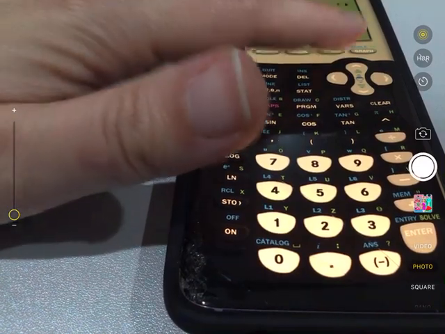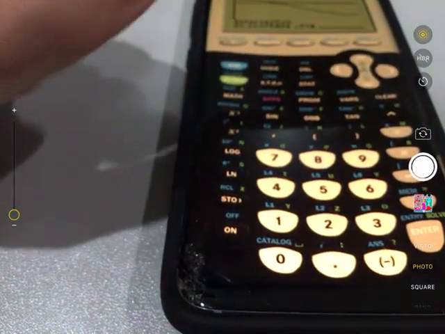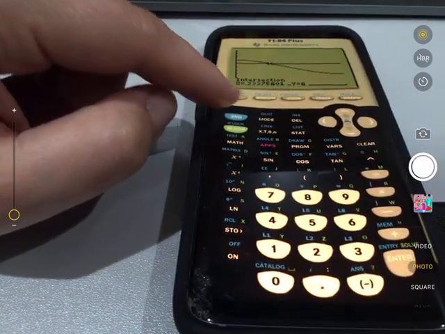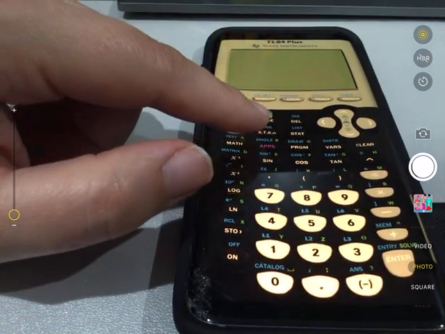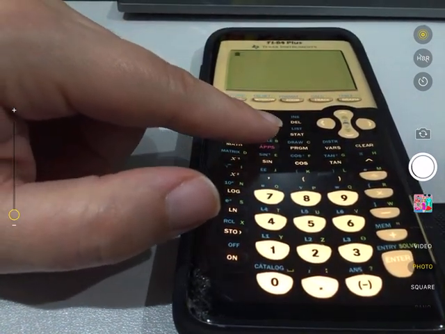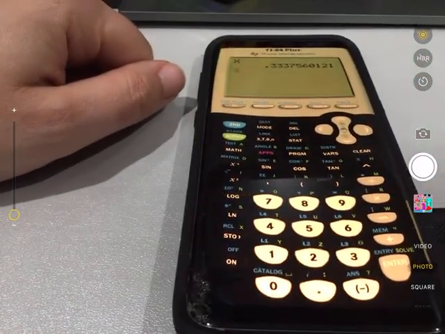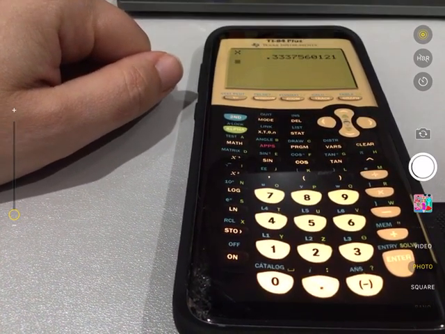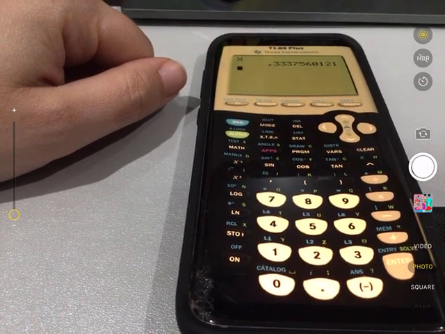If you want to get it to show up on your main screen, you go second quit, and you just press X, because that's what the answer was, and enter. And it'll make that X pop up on your main screen after you found it. So we need it to the nearest tenth. So that's 0.3.